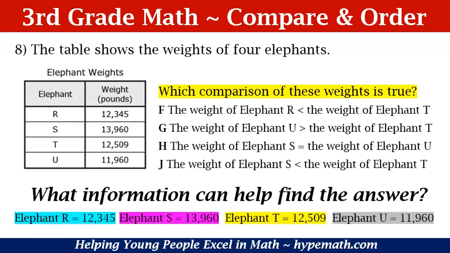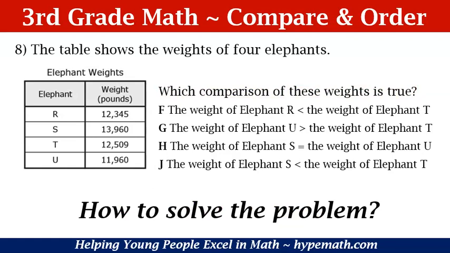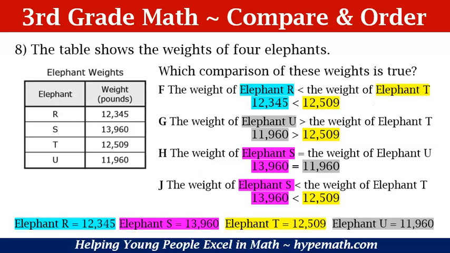The information that can help us find the answer is the elephants and also their weight. Okay, and we have them listed. How to solve the problem. For us to solve this problem, what we need to do is compare the elephant weights and our answers.